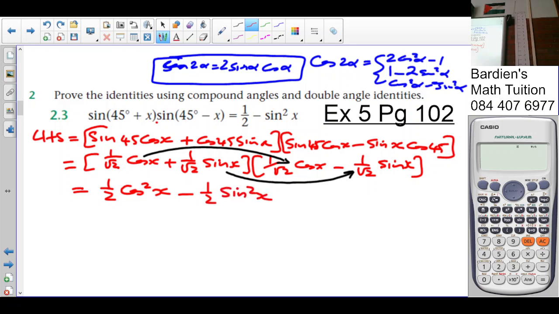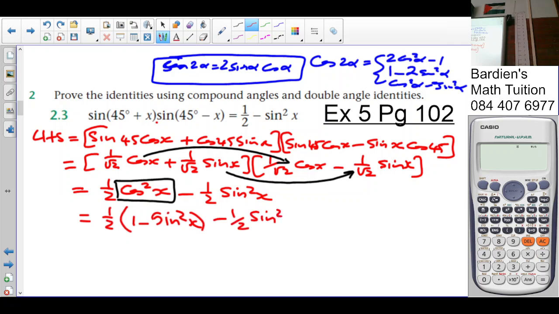So what do we notice? We only have sines. So we can replace cos squared with 1 minus sine squared. So it's a half into 1 minus sine squared x, minus a half sine squared x. So we multiply that in. So it will be a half minus a half sine squared x minus a half sine squared x.